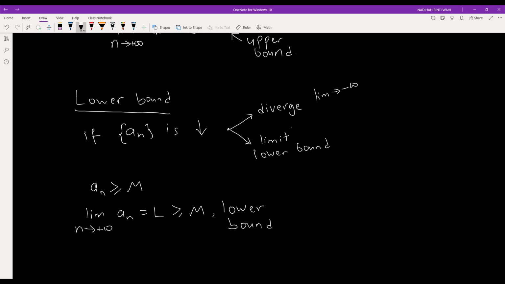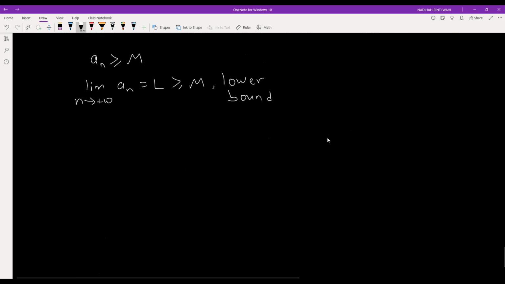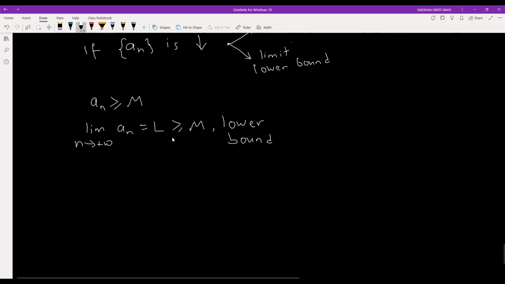Okay, let's look at the graph of this and try to understand from a graphical point of view. Let's take an example from the previous case: y equals 1 over x.